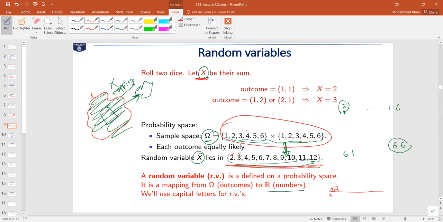For 4, we'll have 2, 2, 3, 1, 1, 3. So we'll have 3 numbers. So it will have a curve like this. And we call it the distribution for this random variable X. So we have distribution for random variables, not sample space.